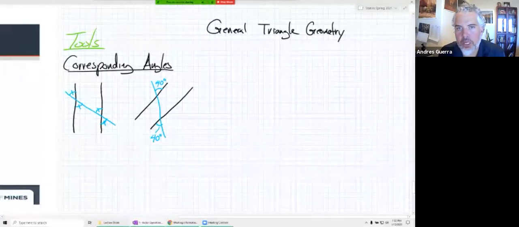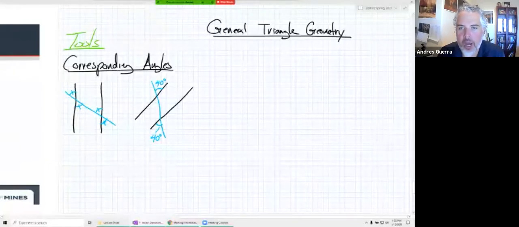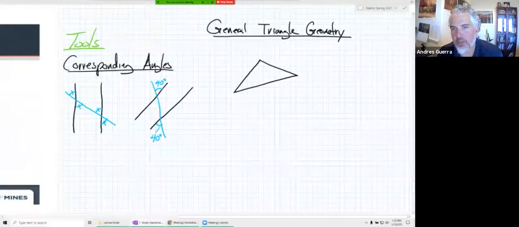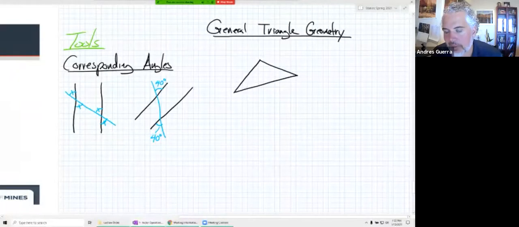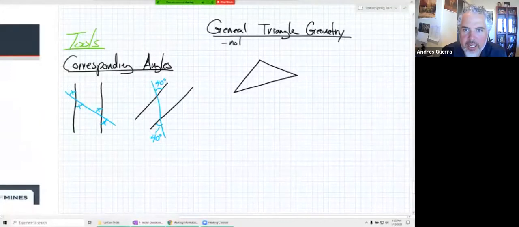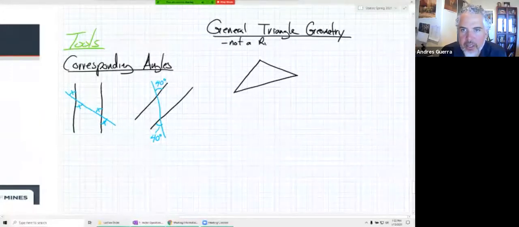We'll see why we're going to need this, but a general triangle just means that we have a triangle that does not have a right angle. I'm trying to draw this, so this angle up here kind of looks like a right angle, but let's just assume that it's not. So a general triangle means it's not a right triangle.